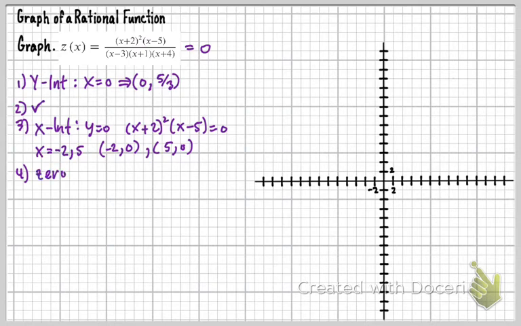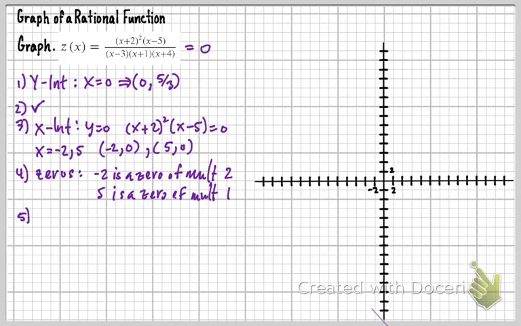These are for zeros. And 5 is a 0 of multiplicity 1. Okay, so there's number 4.